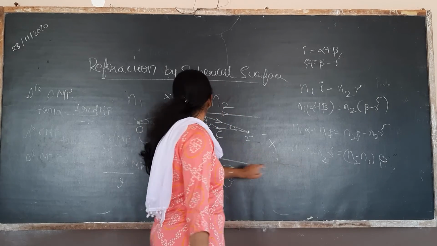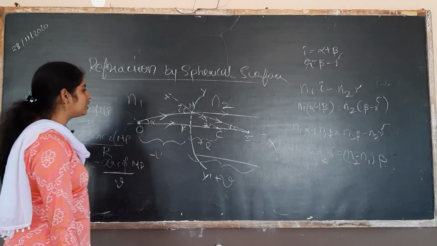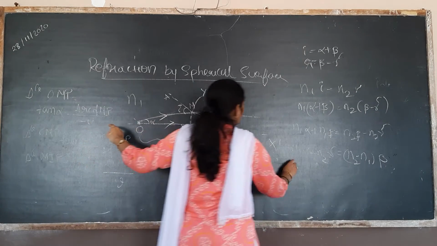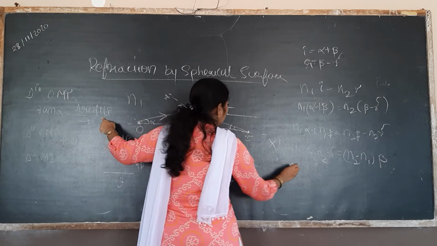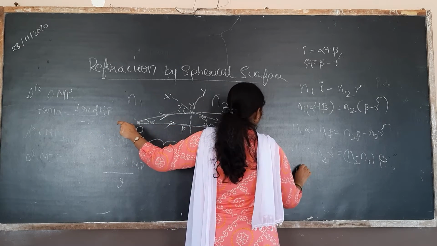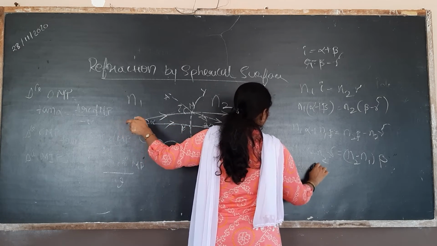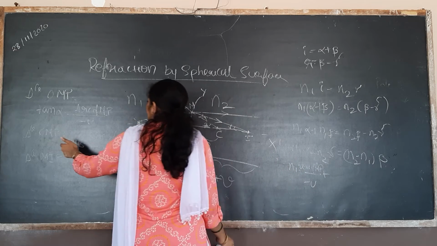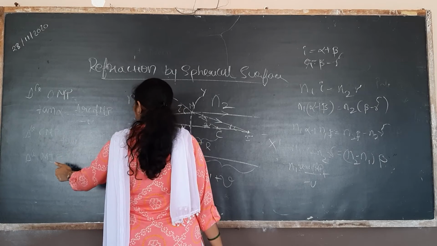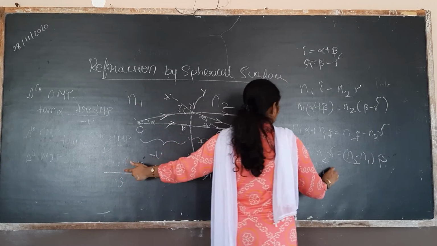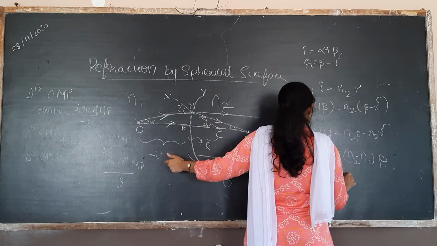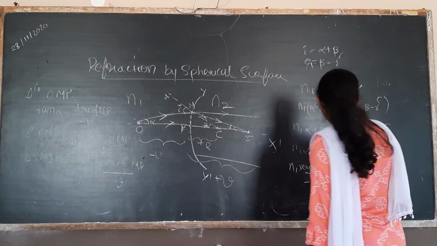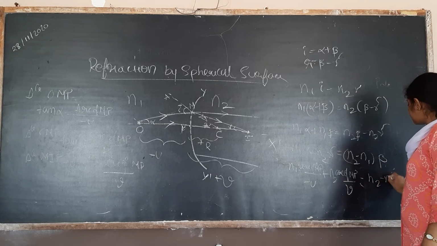So what is the alpha value? Already you have it. Alpha is arc of MP divided by minus u. So N1 into arc of MP divided by minus u plus, what is gamma? Gamma is nothing but arc of MP divided by v, so N2 into arc of MP divided by v, is equal to N2 minus N1.